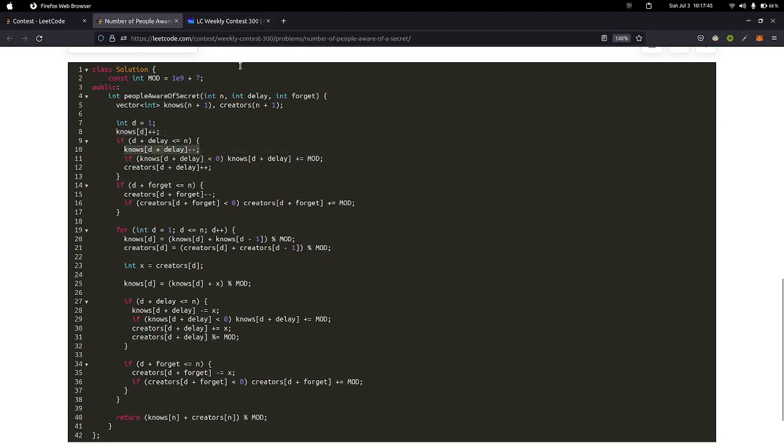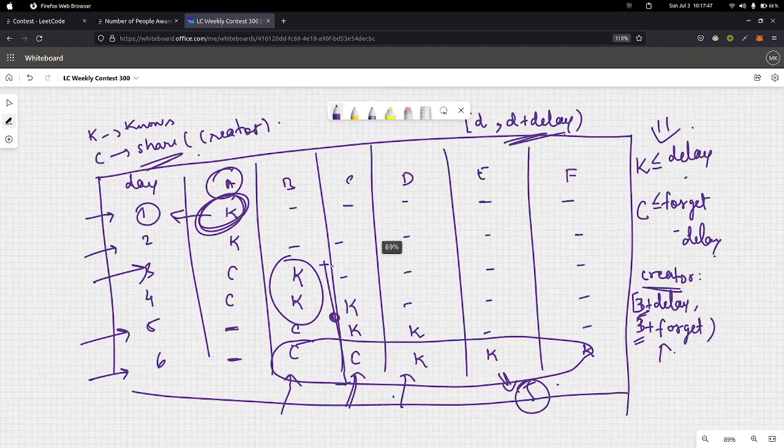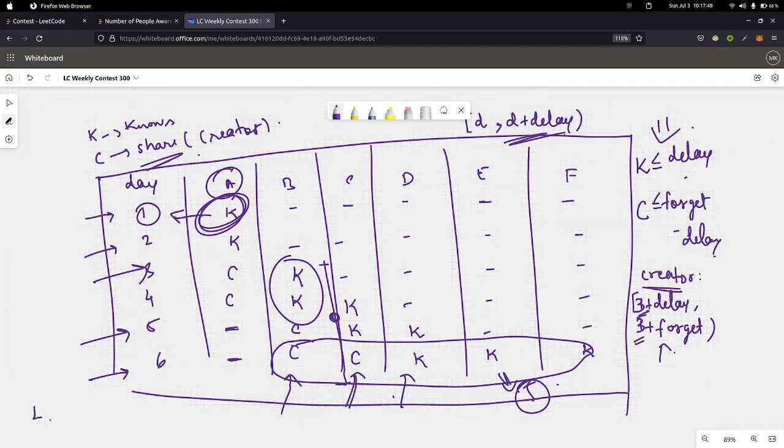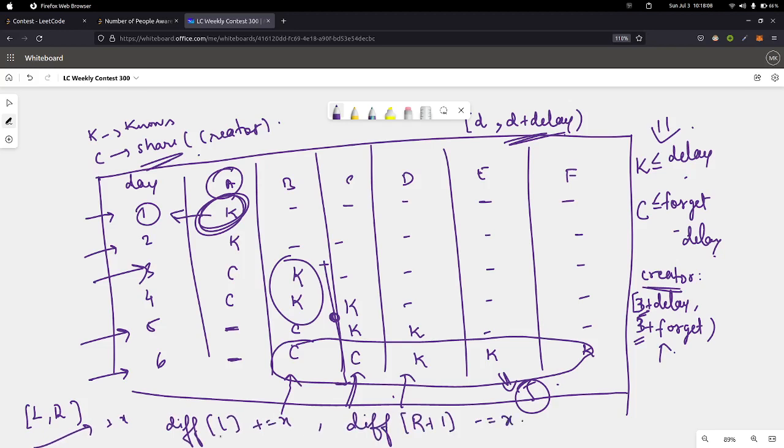So this is how we do the difference array. For example, if we have a range L comma R and we want to update this range L comma R with the value X, we do difference of L plus equals X and difference of R plus 1 minus equals X, and then we take the prefix sum of the whole array, and after that each value difference of I will represent the final updated value of the array, right?